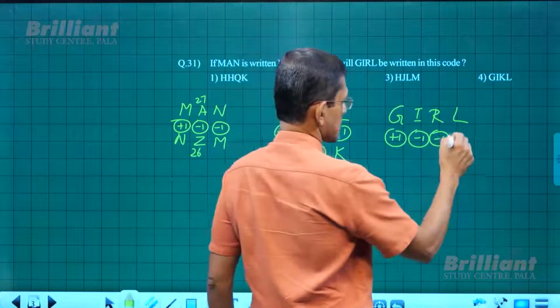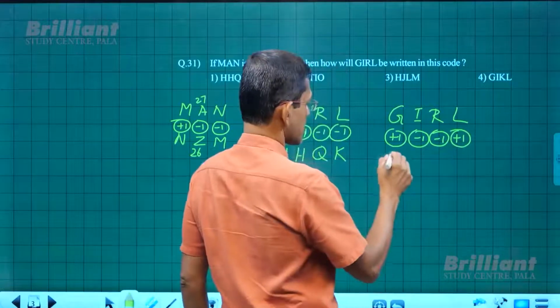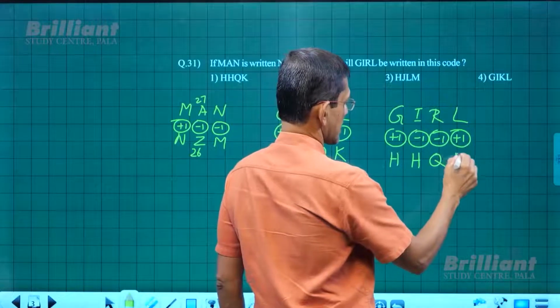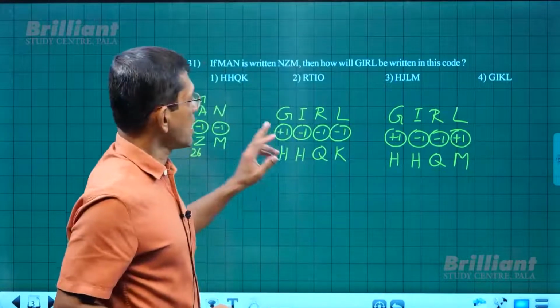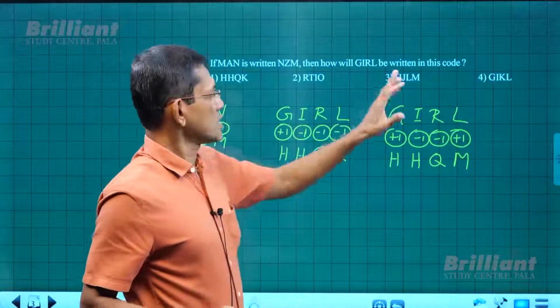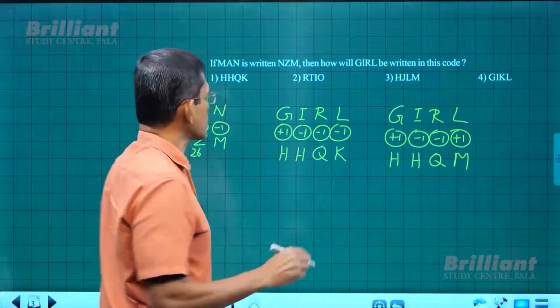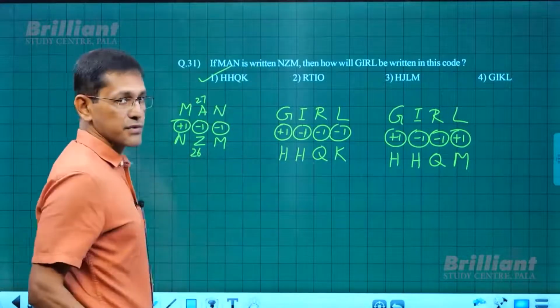And the next one could be plus 1 as well. So in that case, we have H, H, Q, and L plus 1 is M. So HHQM. Do you have the HHQM answer? No, we don't have that. The only answer we have is HHQK. So that is the answer we have for this question.